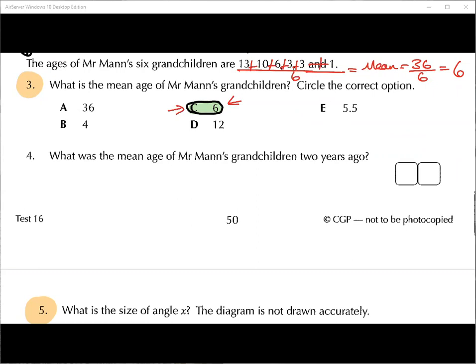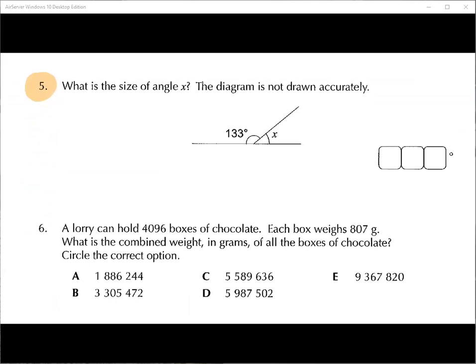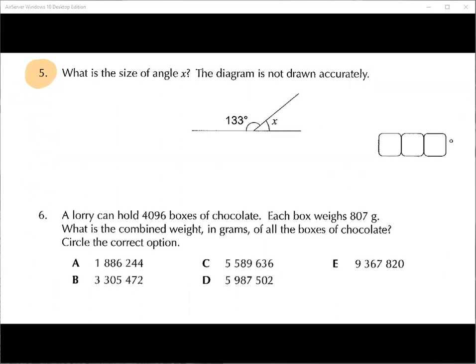Okay. Next one. Question number 5. Talha, that's yours as well, because these are ones that you got wrong. What is the size of angle X? The diagram is not drawn accurately. So what do the angles at a point on a straight line add up to?